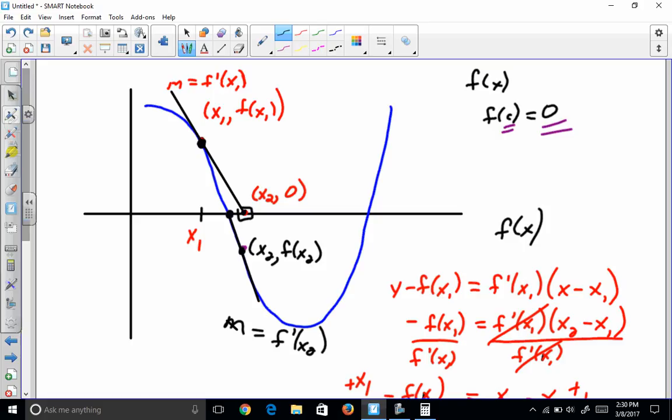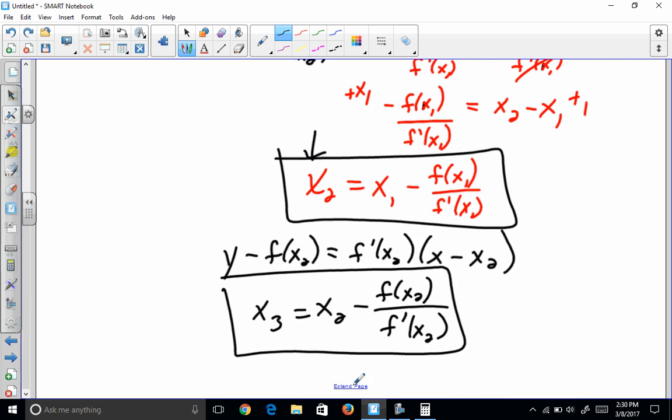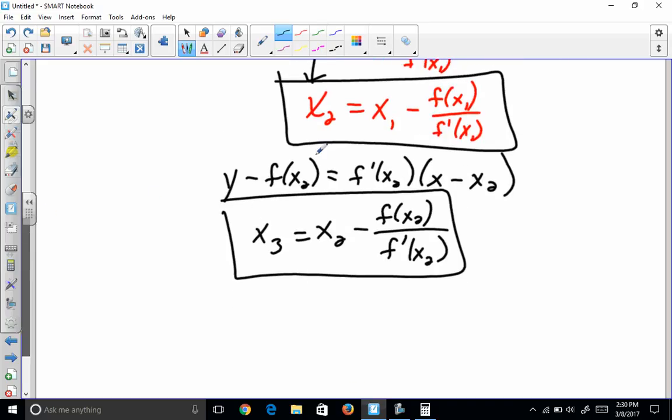So this is our new approximation. Then for that x value, we get a linear approximation that generates a third potential 0. And we keep going through this algorithm until we have the level of precision.